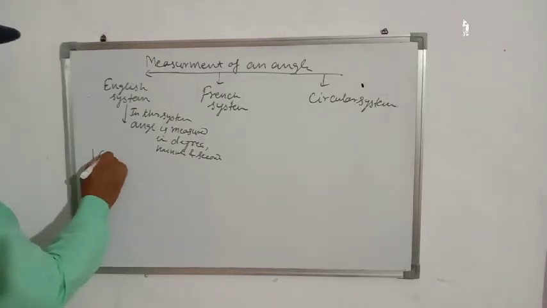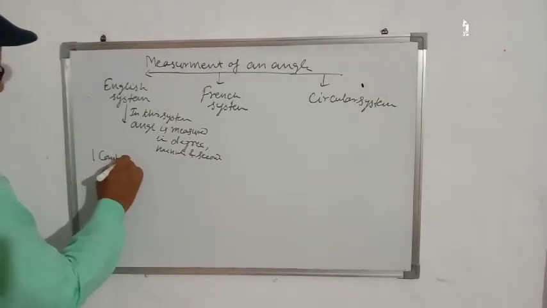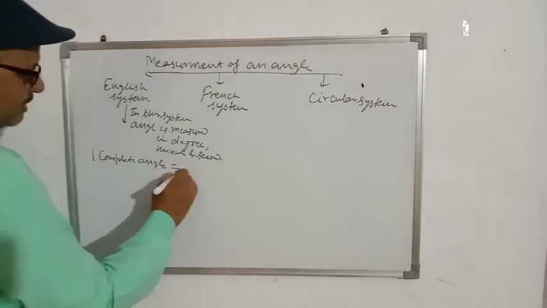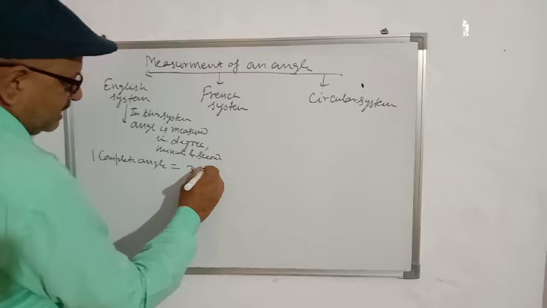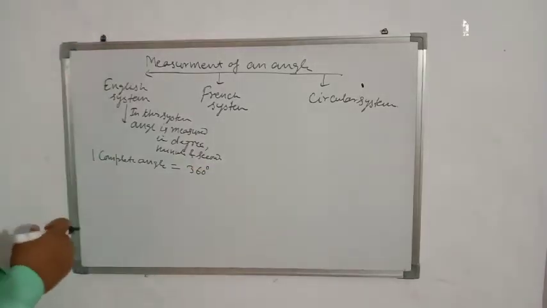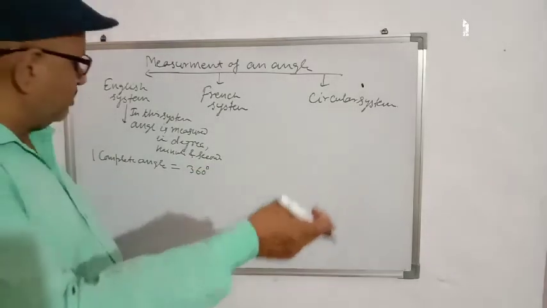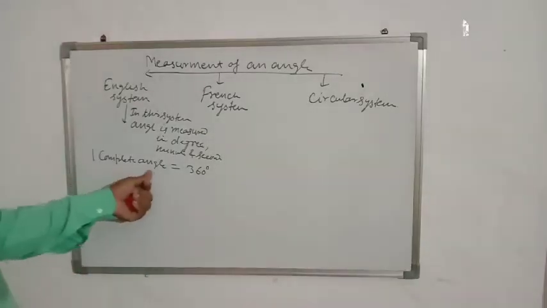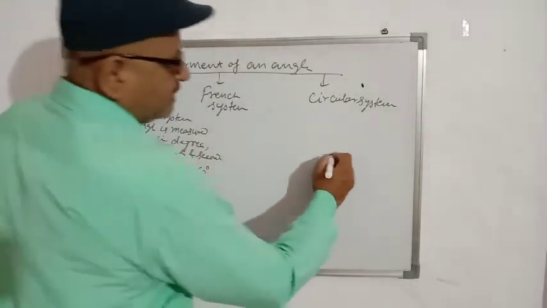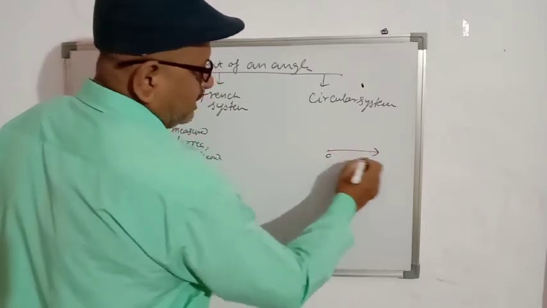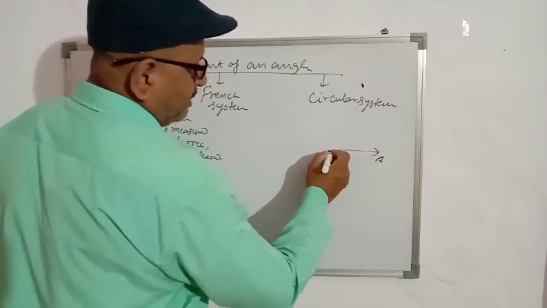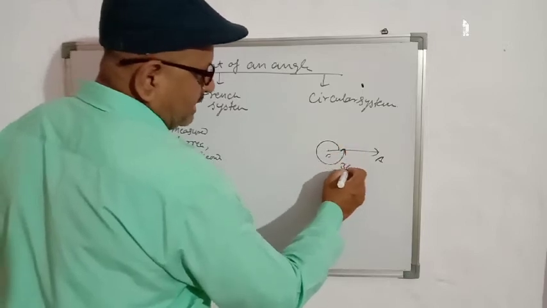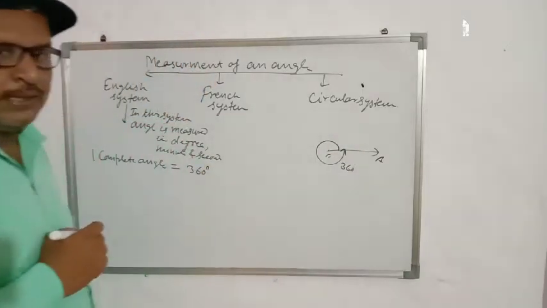One complete angle is equal to 360 degree. Complete angle means if the ray is rotated one complete round, then the angle formed is called a complete angle. This is the ray. If it is rotated about O one complete round, then this angle is 360 degree.